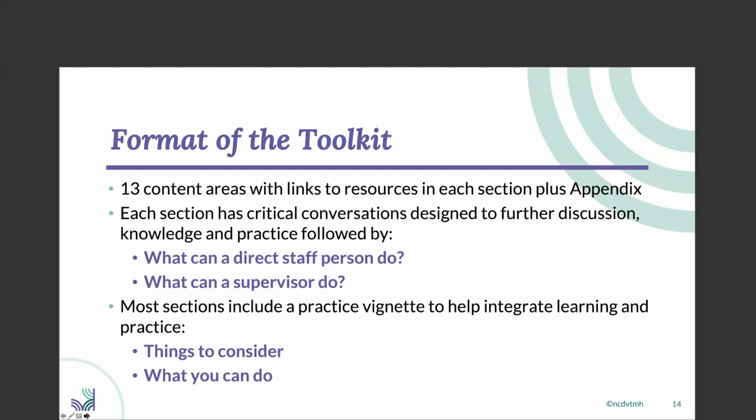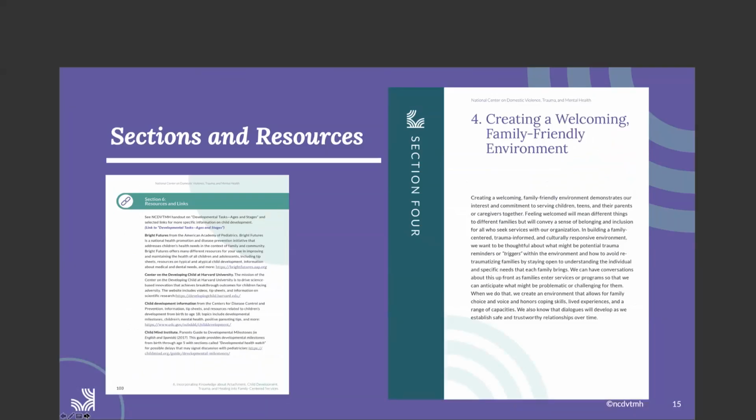In addition to being able to click on what section you want to go to through the table of contents, you can also click on where it says link to handout, and it will take you to the handout that's part of the toolkit. And as Jeanette mentioned, at the very end of the toolkit, you can print out these handouts. Okay, so let's move into the next slide, Carla.